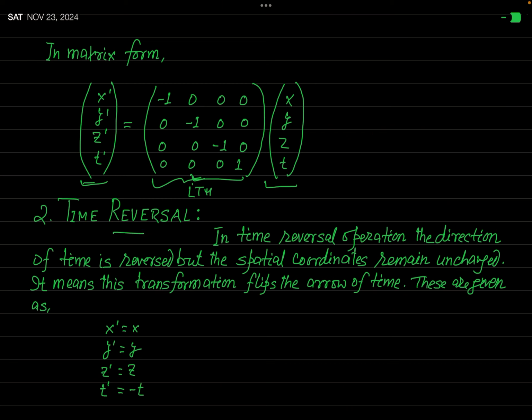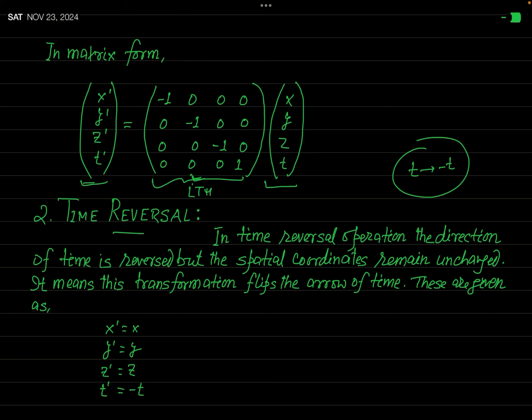Okay. Actually, when you say time reversal, in the time reversal operation, the time is reversed. It means t becomes minus t. In this case, the velocity changes in sign, but the position coordinate is not affected.